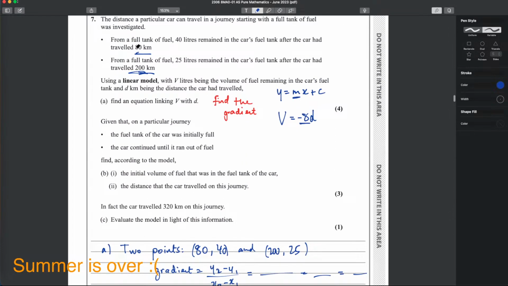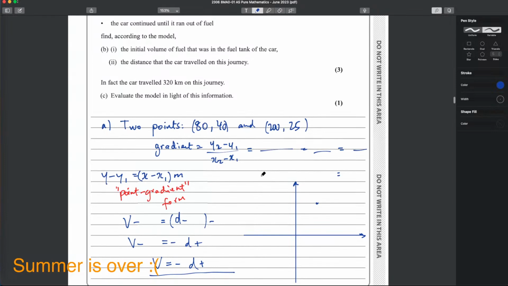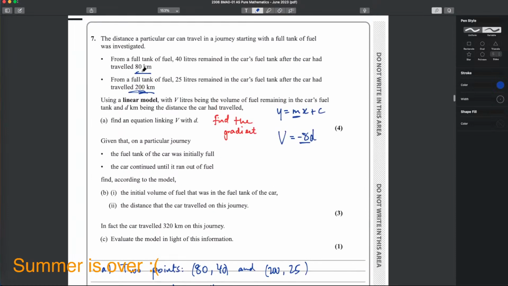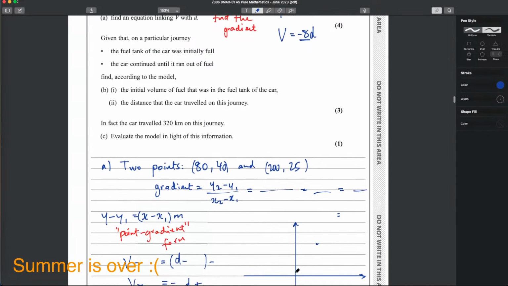D, distance traveled, is our independent variable, is x. V is the dependent variable, is the y. Had my coordinates around the wrong way.